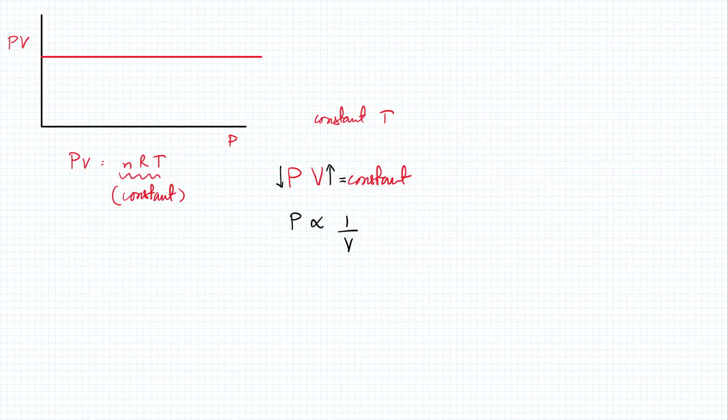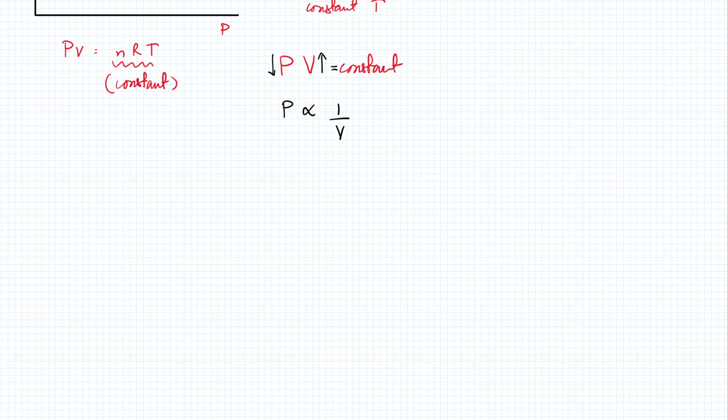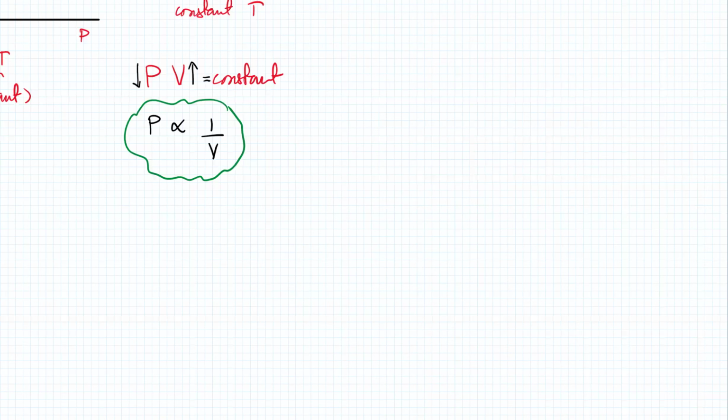Now the next thing is that for a non-ideal gas, the graph kind of looks like this. The problem is the non-ideal gas does not obey ideal gas behavior. So you've got this relationship: if pressure increases, volume decreases.